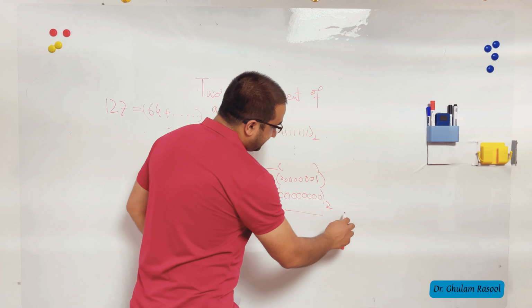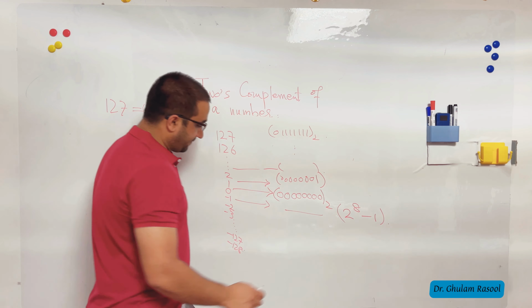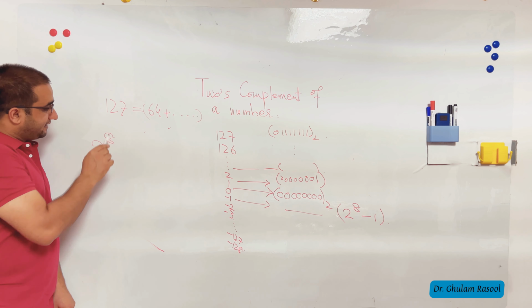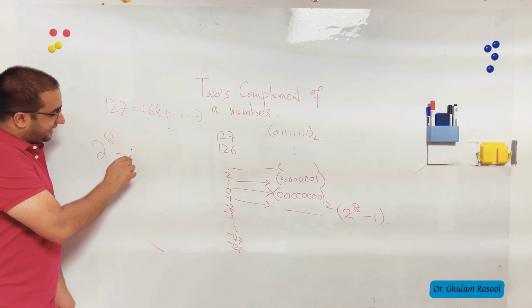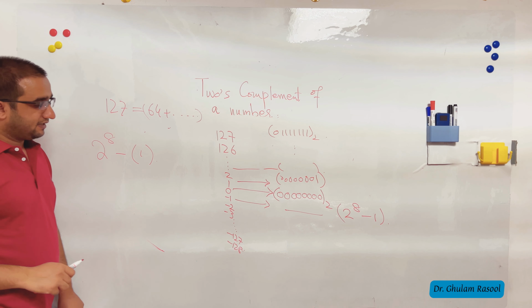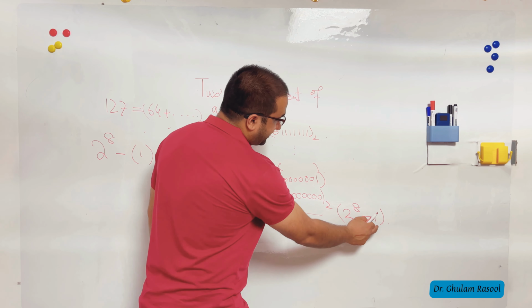In that case, you simply consider it as 2 raised to the power 8 minus 1. I told you that whatever the negative number is, just subtract the positive of that number from 2 raised to the power 8. So if it is negative 1, it will become 2 raised to the power 8 minus 1.